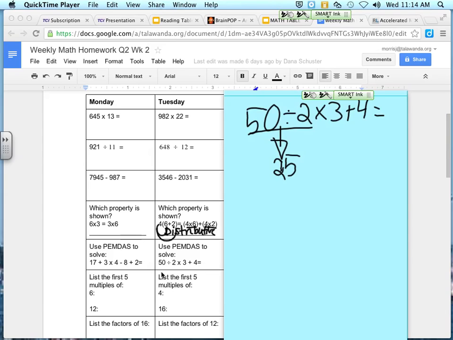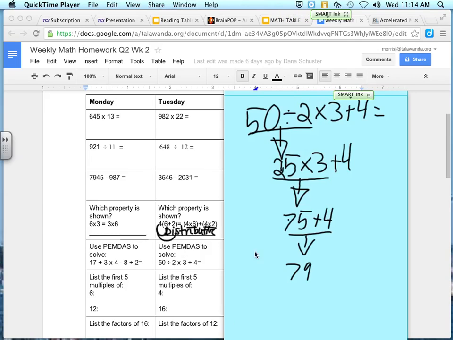That gives us 25. She rewrites the problem. And she has multiplication and addition. She chooses to do multiplication first because that's what comes first in the order of operations. 25 times 3 is 75. She rewrites the problem 75 plus 4, and her answer is 79. How many of you guys got 79 for your answer?